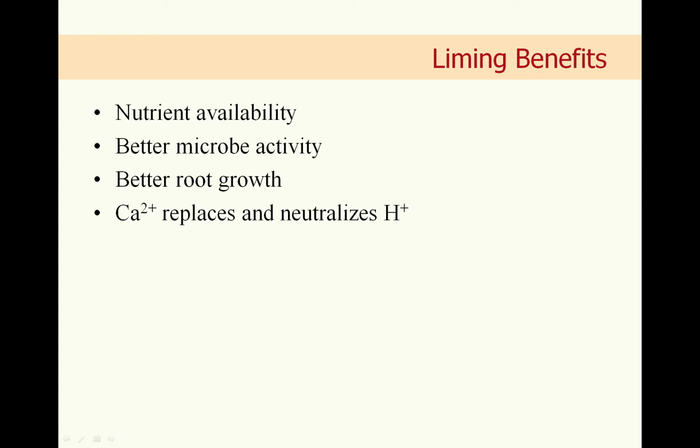It's necessary for thatch breakdown. It can help with disease and insect biological control, essentially. And as we'll see in a few minutes, it is necessary for the release of nitrogen from some of the nitrogen sources that are commonly used on turf. Liming can also lead to better root growth for some of these same reasons. What happens is these liming materials have calcium. That calcium replaces and neutralizes the hydrogen that's in the soil.